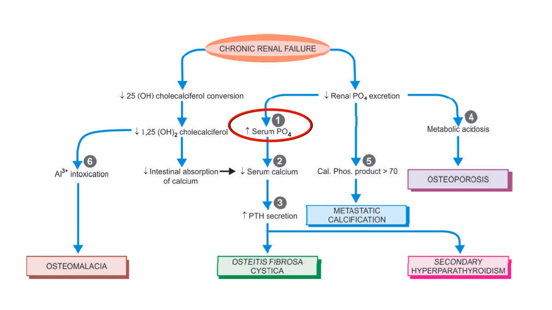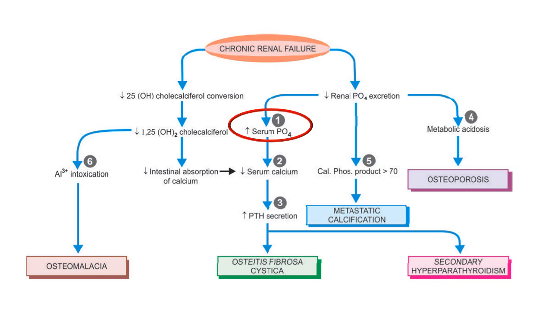This picture is showing the pathogenesis of the manifestations of chronic renal disease, and what happens when there is decreased renal phosphate excretion. There is hyperphosphatemia, and this hyperphosphatemia will lead to decreased serum calcium.